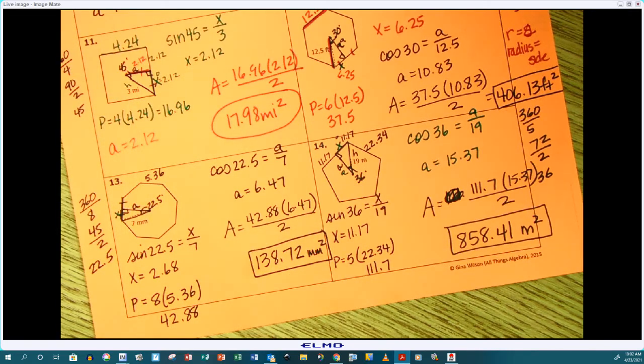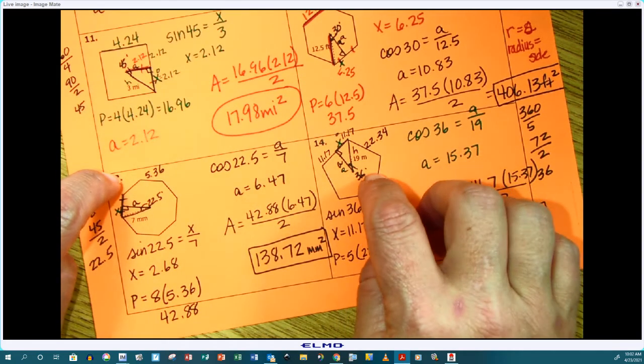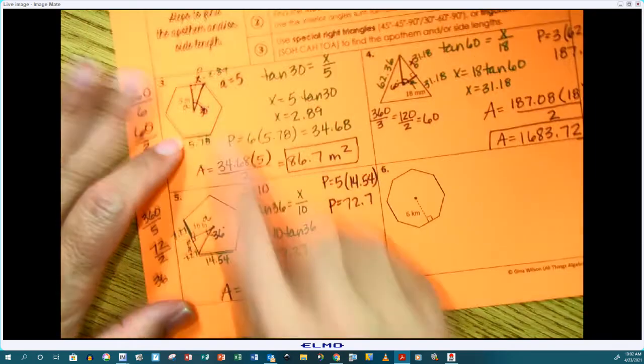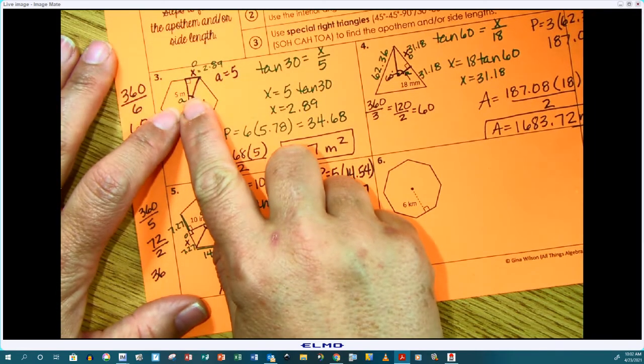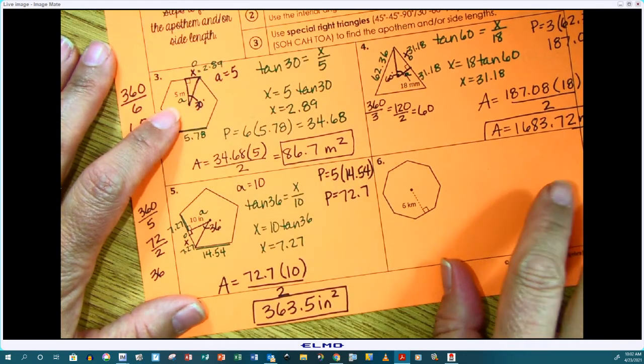I know it's a lot. There's a lot of baby steps in each one of these problems. Luckily, each baby step is fairly simple. It's just a lot of them. But if you will follow this as your guide when you're doing these problems, okay? If you know the apothem, find the side by doing tangent.